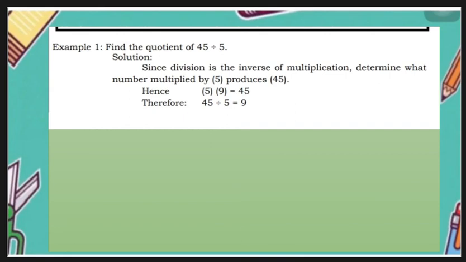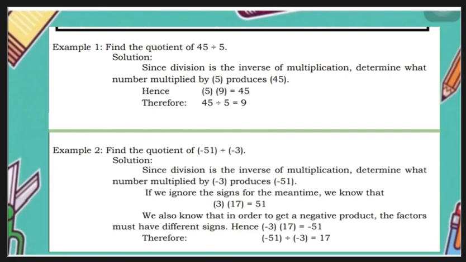Another example. Example number 2. Find the quotient of negative 51 divided by negative 3. Same sign, negative. Since division is the inverse of multiplication, determine what number multiplied by negative 3 produces negative 51.